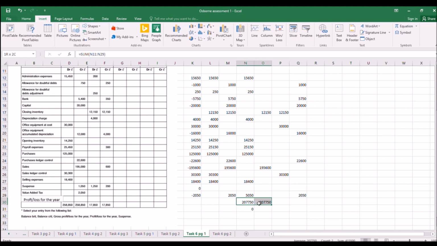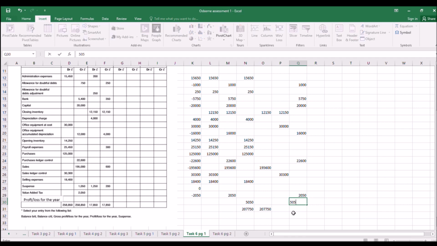Sorry, we're going to drag that down there. Goes into this one here, into that cell there. So it would go into here. So it's debit here and credit then into the balance sheet.